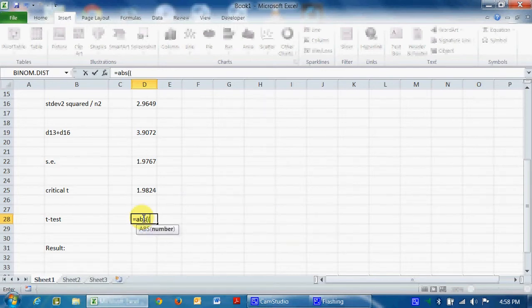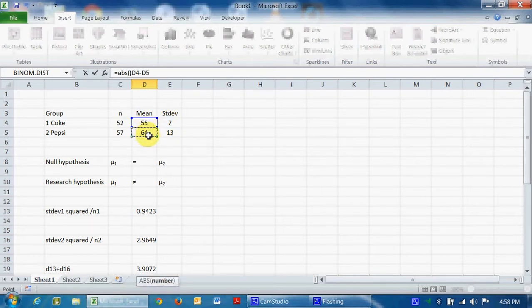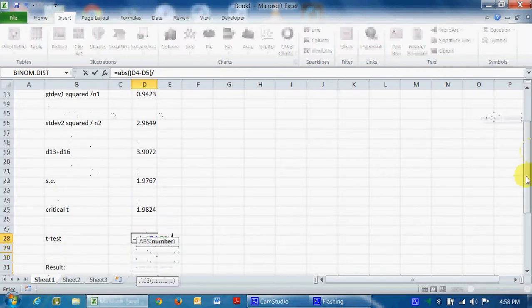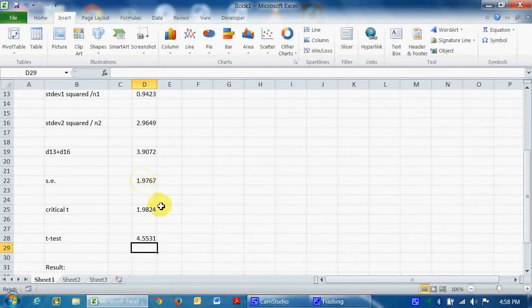Actually, we're going to do a double open, two parentheses, and we're going to go D4 minus D5, close parentheses, divided by D22, which is the standard error, close parentheses, enter.